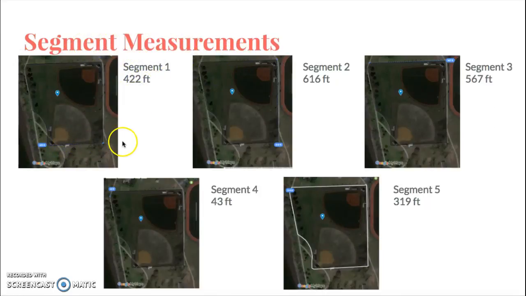Segment 1 right here is 422 feet. Segment 2 is 616. Segment 3 is 567. Segment 4, this little segment right here, is 43 feet. And the last segment is 319 feet. And again, this curve is what I will be trying to find.